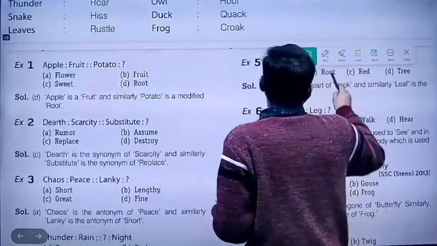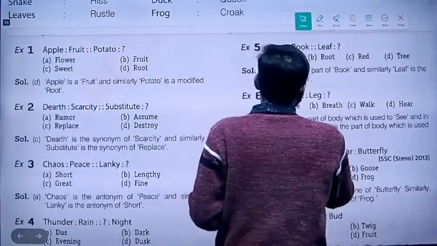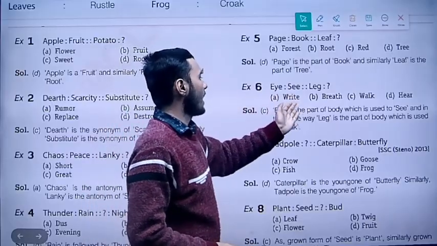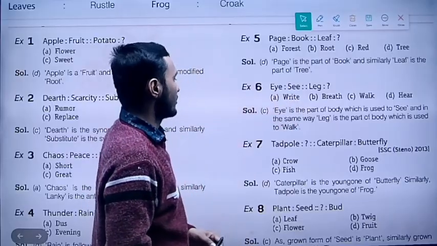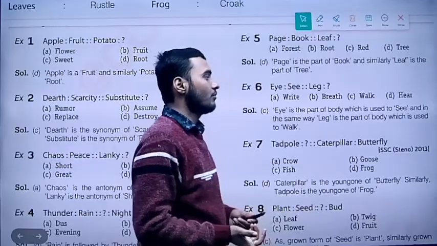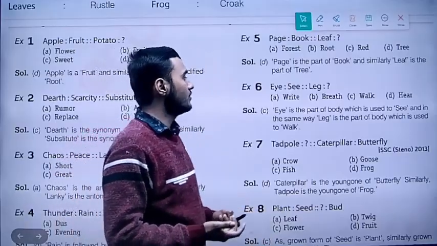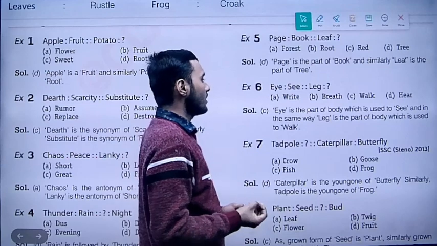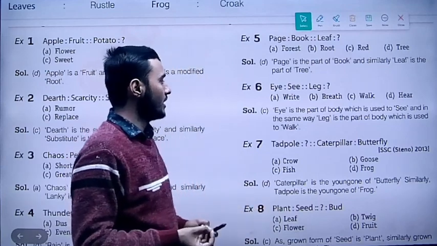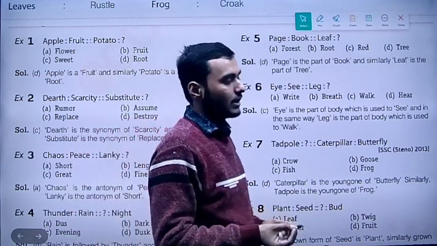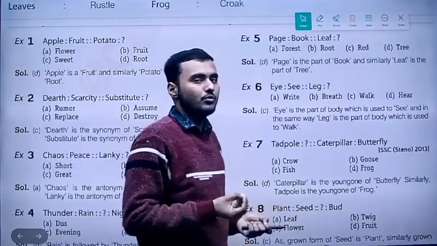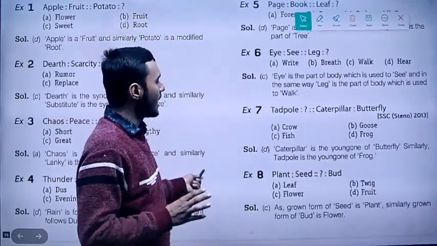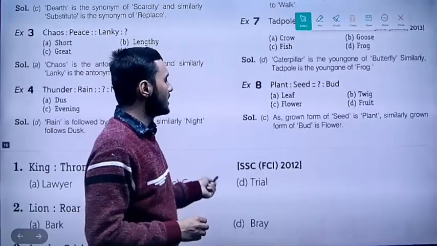Like another example, eye is equal to see, so leg is equal to what? The eye is a part of the body. What is it used for? It is used to see. In the same way the leg is a part of our body, and what do we use our leg for? To walk. So in this type of question we basically have to establish the relationship, and by that we can easily answer each and every question.